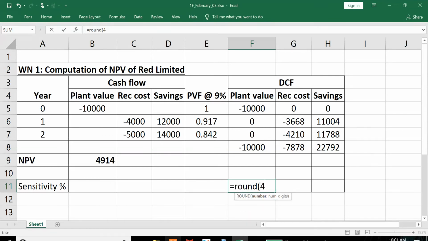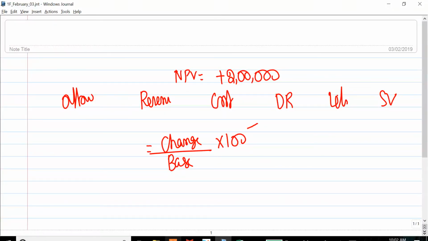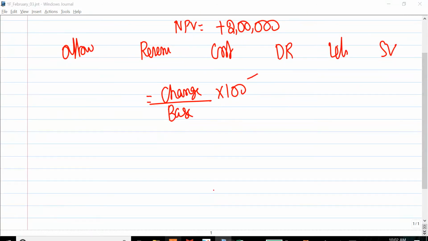Now write sensitivity percentage equal to change by base into 100. In change you will write 4914 and base is 10,000.